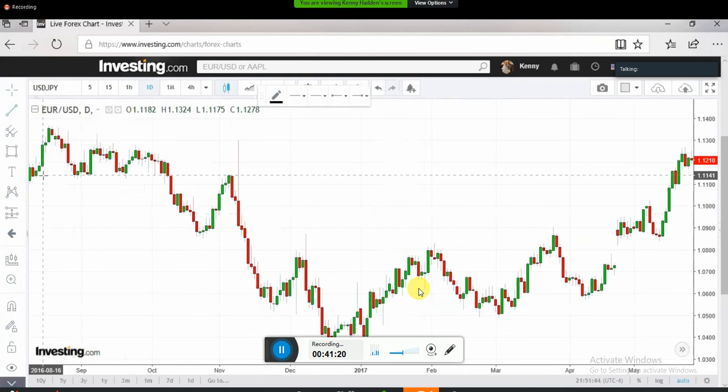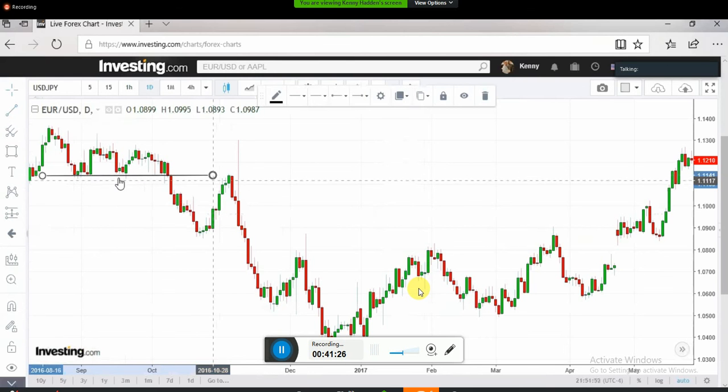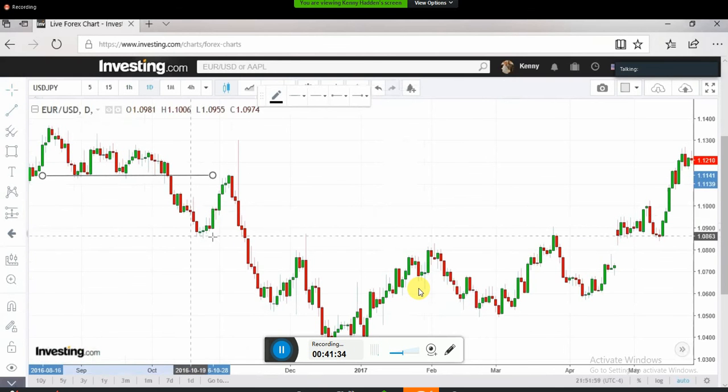So we have this consolidation right here. And you see how price touches this right here? We got 3 touches, and then it actually breaks down, and then right here it creates a lower low.